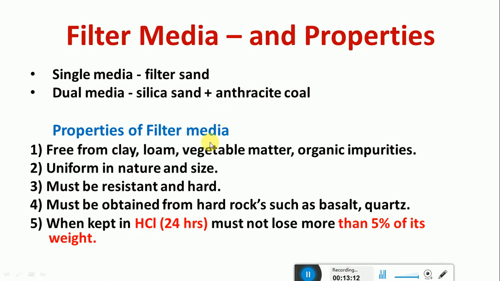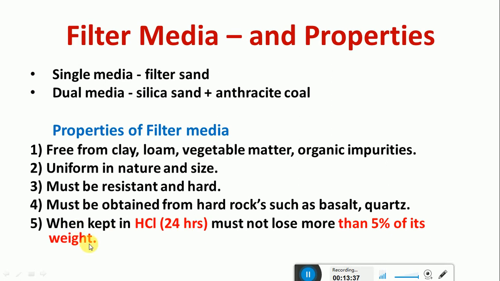It should be free from clay, loam, vegetable matter and organic impurities. The filter media, that is sand, whatever we are selecting, should be uniform in nature and size. It must be resistant and hard. It must be obtained from hard rocks such as basalt and quartz. When kept in HCl for 24 hours, it must not lose more than 5% of its weight.